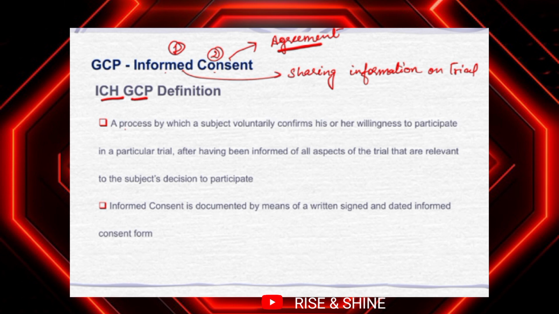So what is the definition as per ICH GCP? First of all, it is a process by which a subject voluntarily, with their own will, confirms their willingness to participate in a particular trial after having been informed. The word voluntarily is very important. Whenever you try to memorize this definition, you have to remember voluntarily.